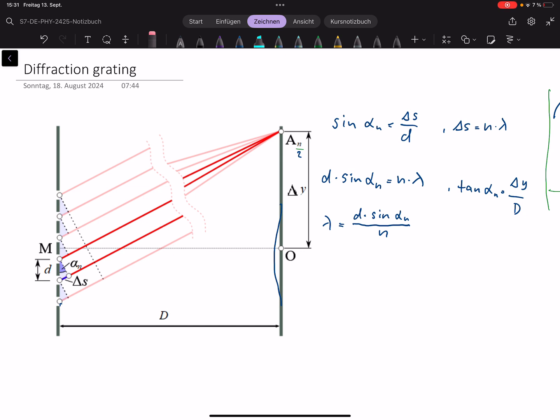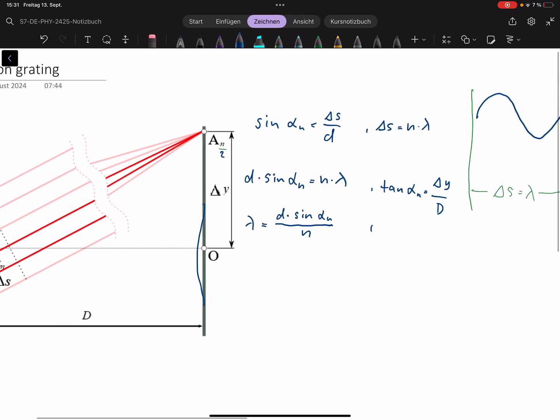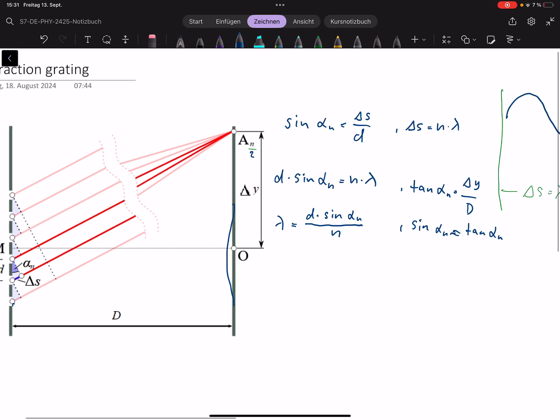But what we've done before, we say that sine is almost the same as tan of a small angle. So we can replace the sine of alpha again, and we end up having d times delta y over n times d.